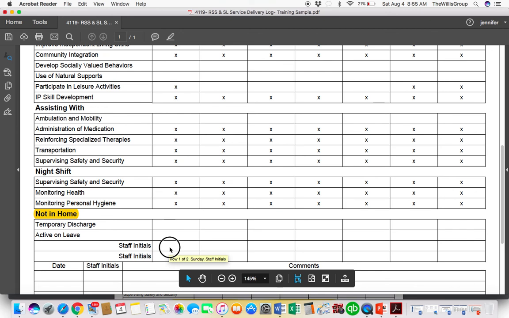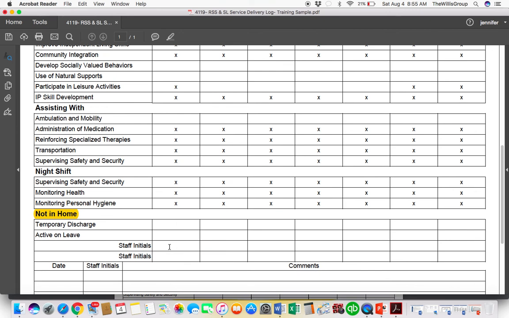Staff initials. Usually you're going to see these for, again, the individuals. We have two people typically in one day. So on Monday you might see the daytime person's initials, and then on Monday night you see a different person's initials. And I'm going to capitalize those.